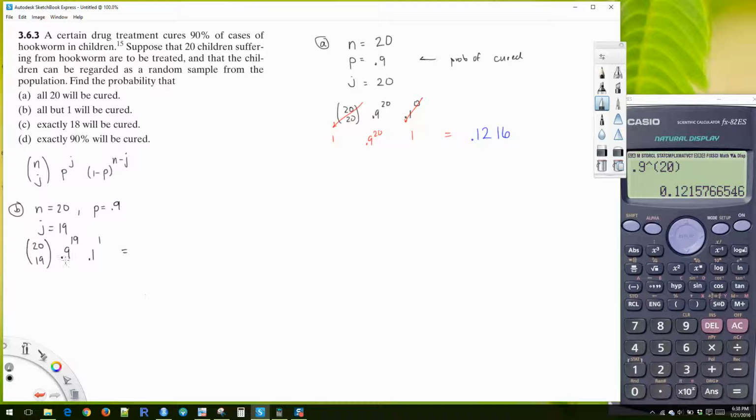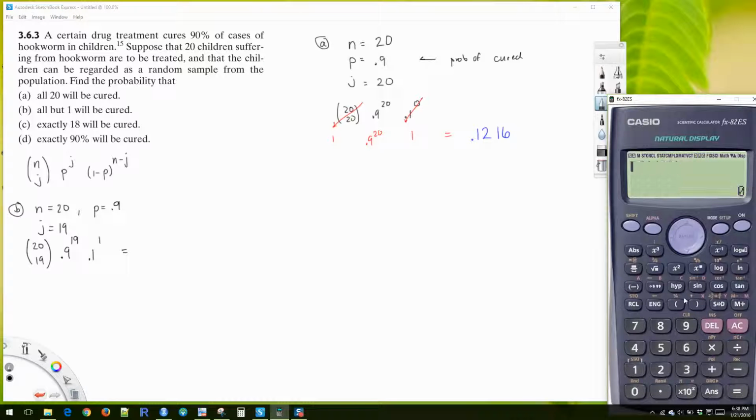Okay? So I'm just going to punch this straight into the calculator, which is going to be 20 choose 19 times 0.9 raised to the 19 times 0.1 raised to the 1, or 0.1 raised to the 1 is just 0.1. In the calculator, I do 20, and I have the choose button. Your calculator might be different.